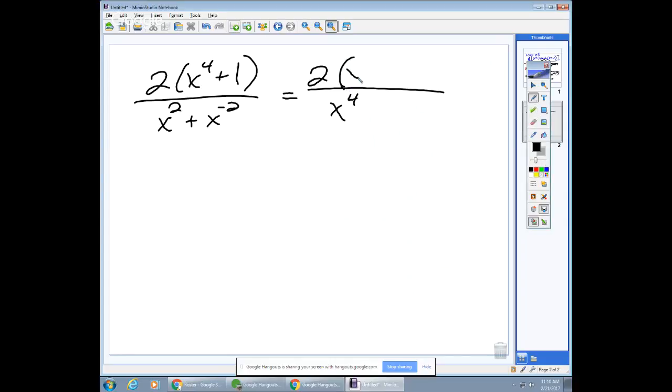I'm just going to write it as x to the fourth plus 1 times x squared. I'm going to distribute it to the bottom because that'll give me x to the fourth plus 1, won't it? And that's lovely because now I have a factor of x to the fourth plus 1 on the top and the bottom. So it looks like this is equal to 2x squared.